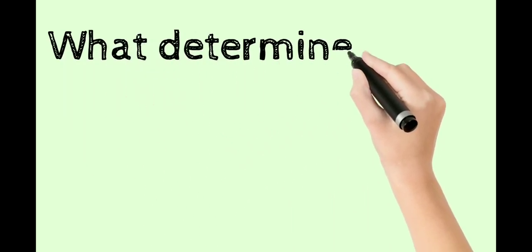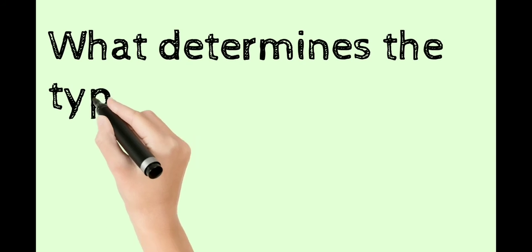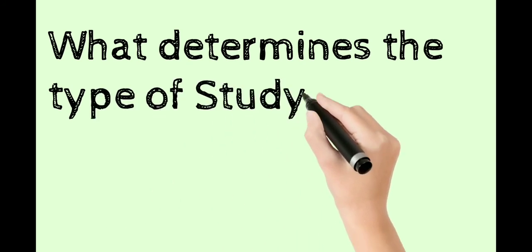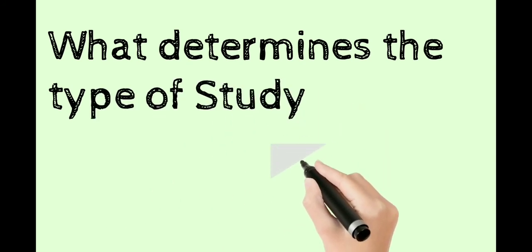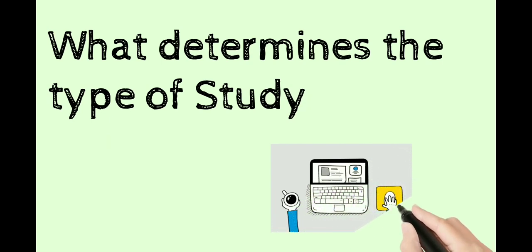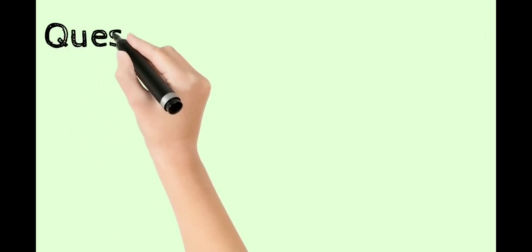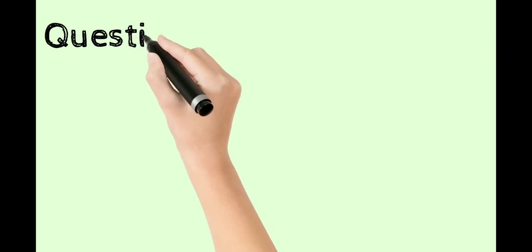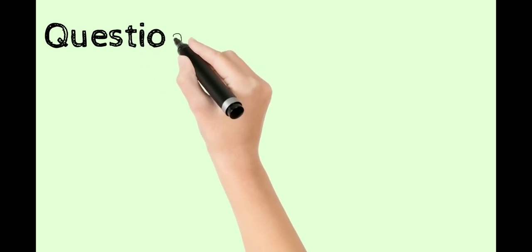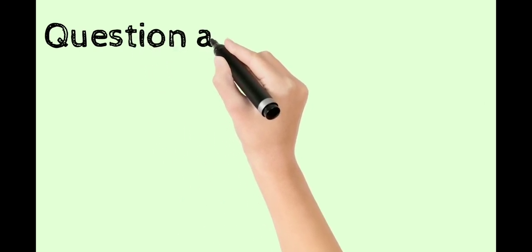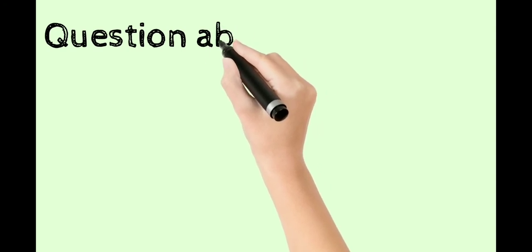Now, what determines the type of study? The type of study that will be sought is determined by the type of the clinical question. Now, a question about treatment: the highest level of evidence is based on randomized controlled trials.